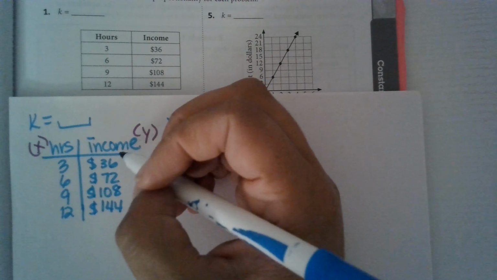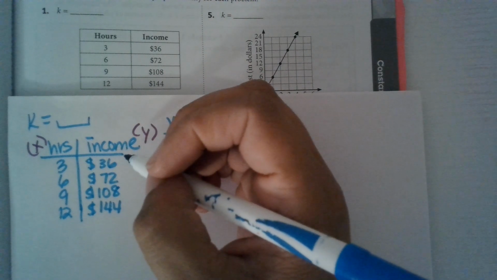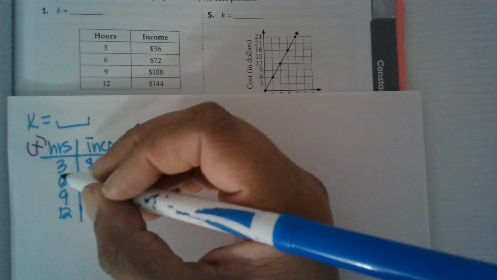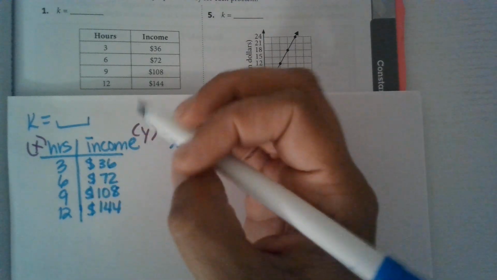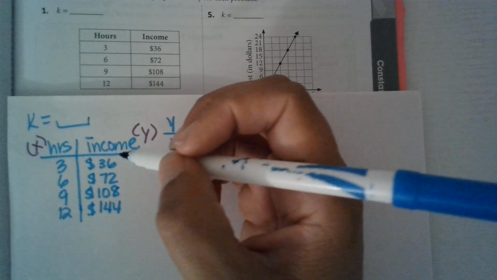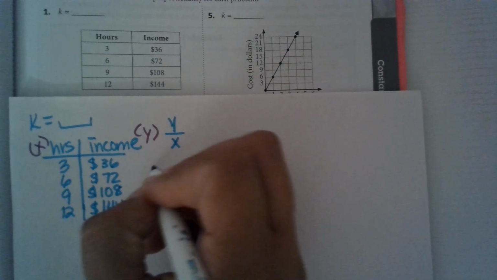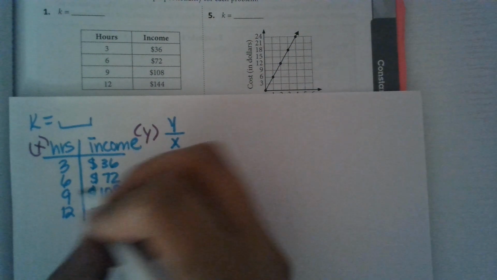So we're talking about money over hours. Again, you have to make sure it makes sense. I want to know how much money in 1 hour, not how many hours make $1. That just doesn't make sense. So I can pick any one of these. I can pick 36 over 3, either one.